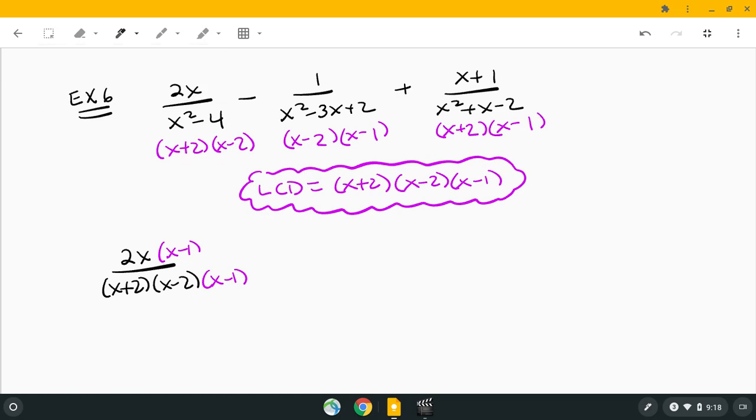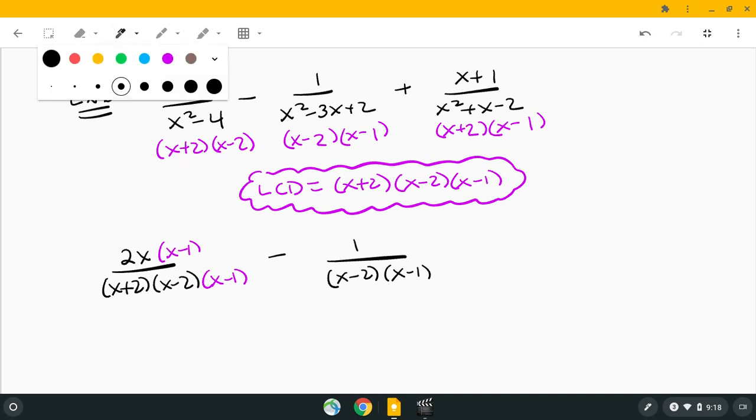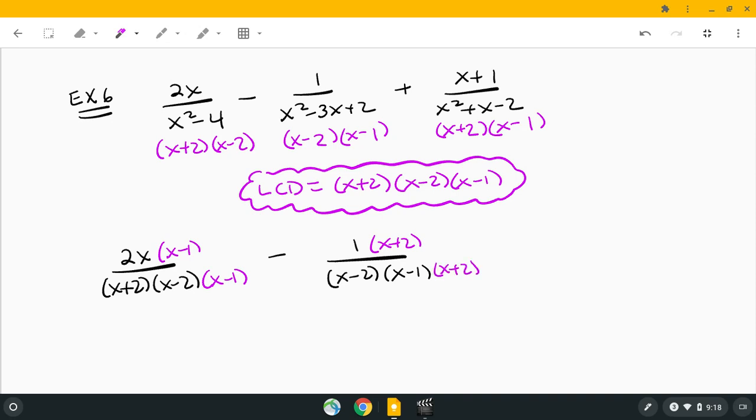Bring down that subtraction sign. 1 over x minus 2, x minus 1. What are we missing? We have this one. We have that one. We need that one. We need x plus 2. Okay. So we need to multiply by x plus 2 over x plus 2.